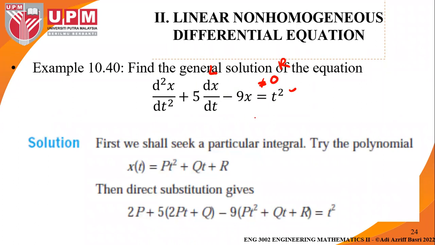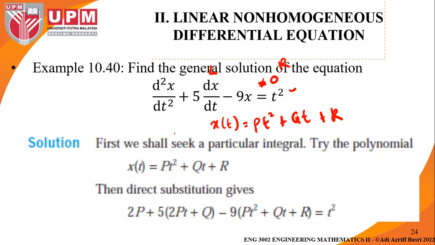When you have this type of non-homogeneous equation, you need to change the equation in terms of a polynomial. This is power of 2, so your xt automatically becomes p t square plus qt plus r. This is the general form for non-homogeneous.